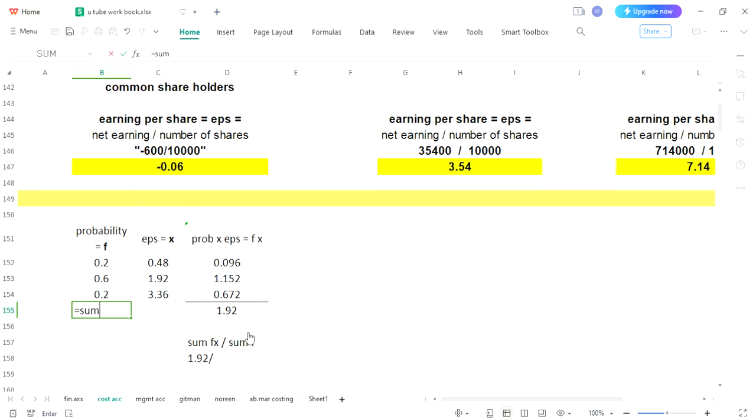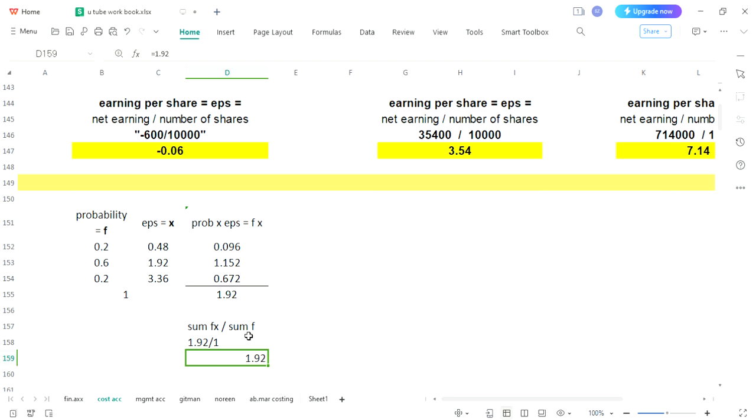As you know, probability total would always be equal to 1. So you can divide it with 1, or you may not divide. So finally we have got our mean answer as 1.92. This was our first answer, and in similar way you are going to calculate answer for mean for every part.